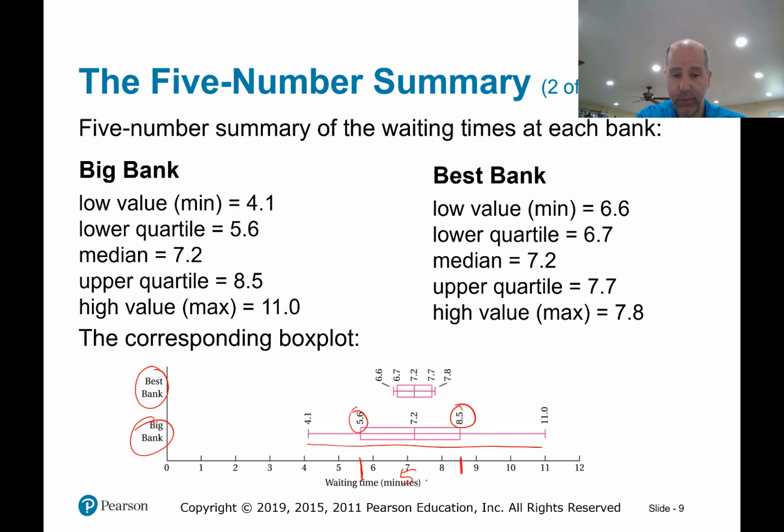Okay, so that's good information to have. But we also notice that 25% of the data is going to be here, 25% of the data is going to be here, right? And likewise with the smaller box plot. So that also gives you more information right away that is helpful.